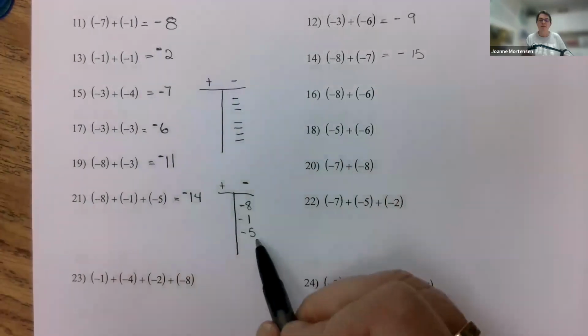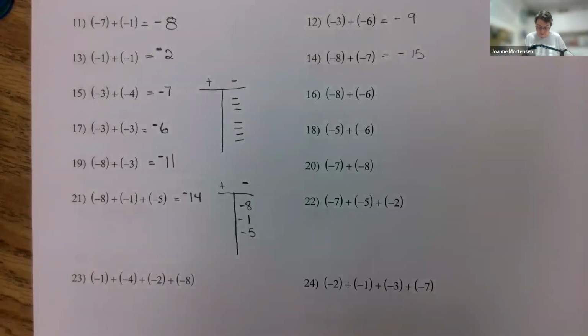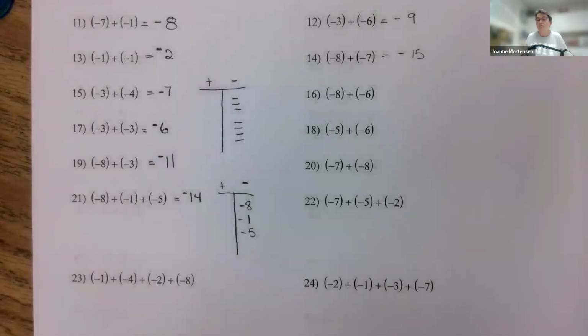And that just reminds me, by sorting it like that, that they're all negative. They're all, if I wanted to, represented by blue chips, and you would just add them up. Ta-da. Okay, so I would like you to pause the video and do the questions on the other side.